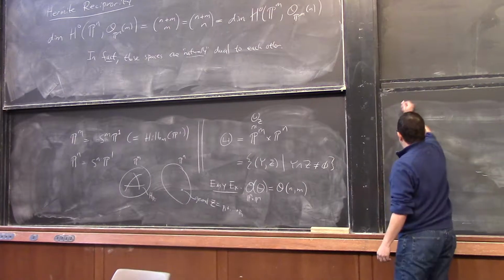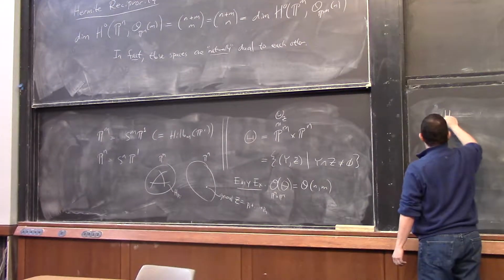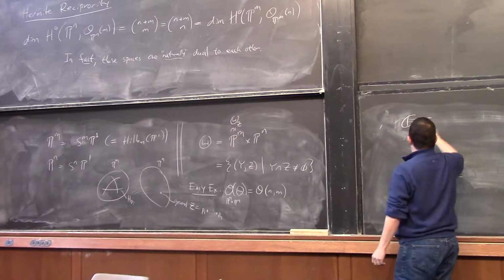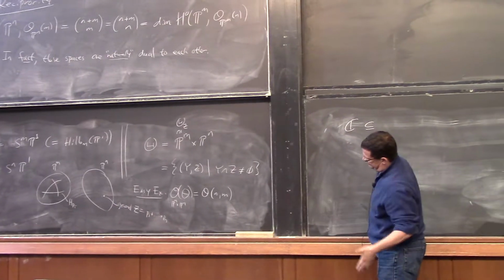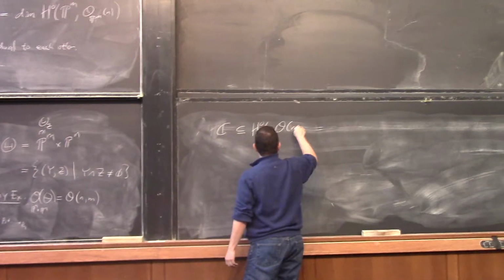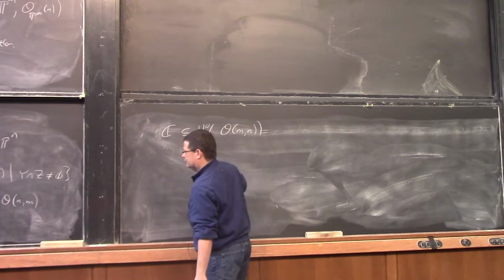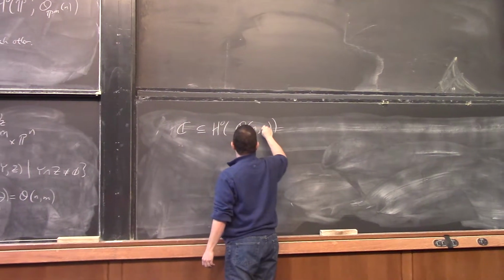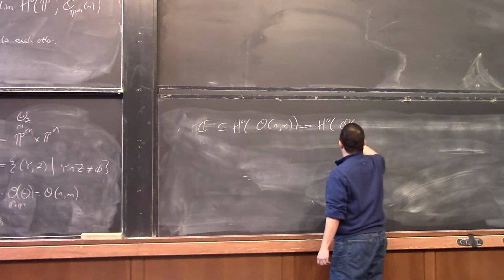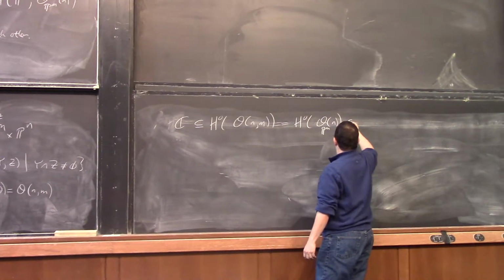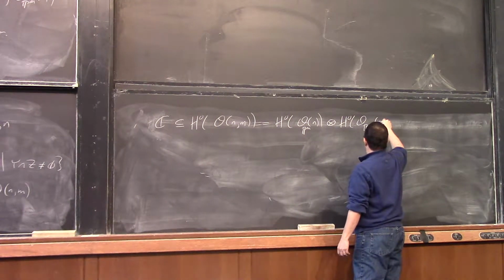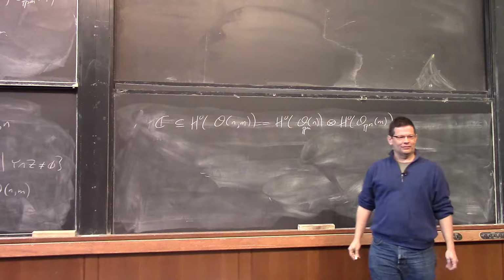And then theta sort of gives me the duality, because I have this theta, which sort of represents the class of a section inside of O of n, m. But O of n, m is H naught of OPm of n, tensor H naught of OPn of m, like some sort of seesaw principle.